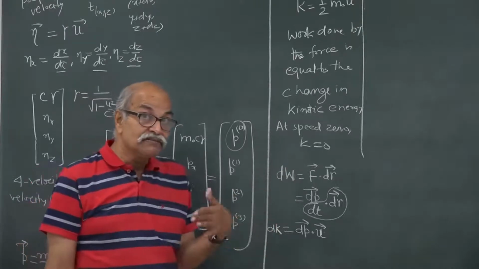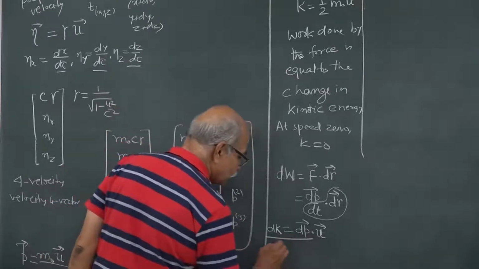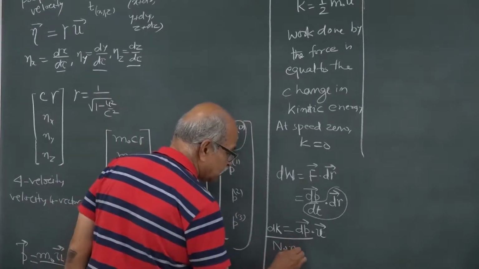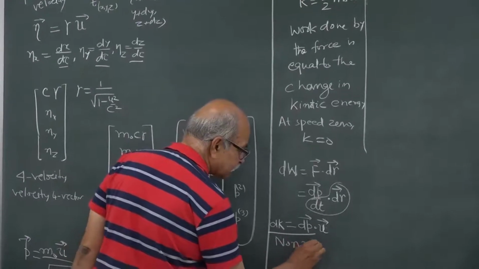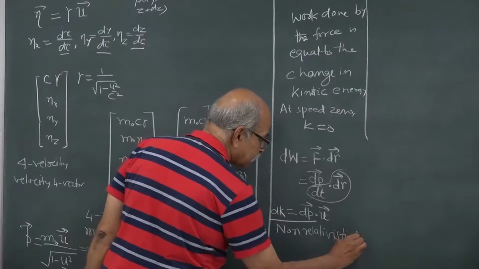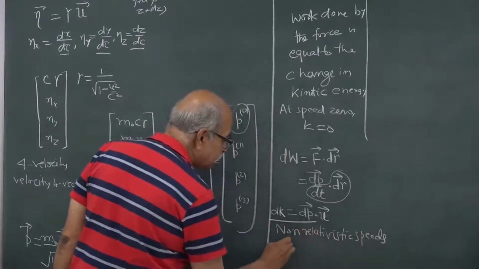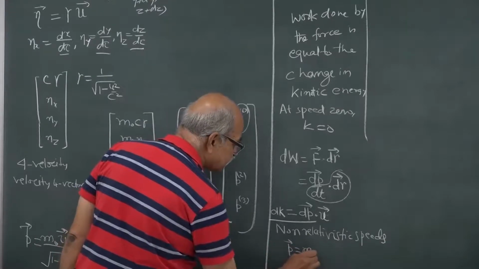Now, in non-relativistic speeds, what do we do? We say that for small speeds, non-relativistic, we say that p is mass times velocity.